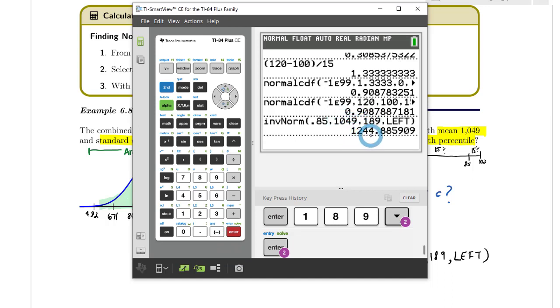So 1244 point, I would do one decimal place, maybe 1244.8.